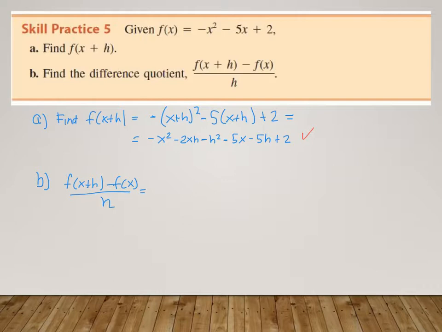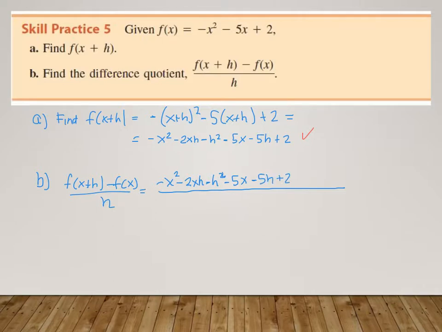So now we have this very long amount of information, minus x squared minus 2xh minus h squared minus 5x minus 5h plus 2.